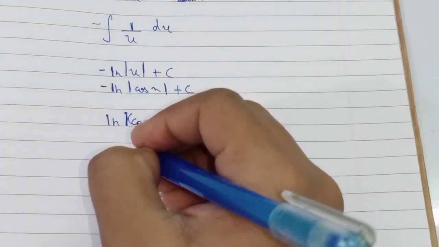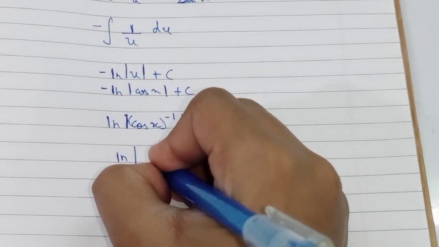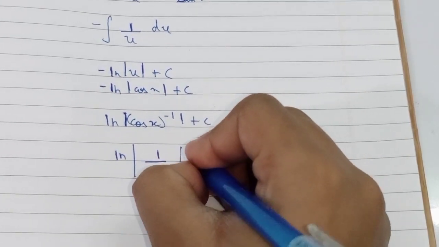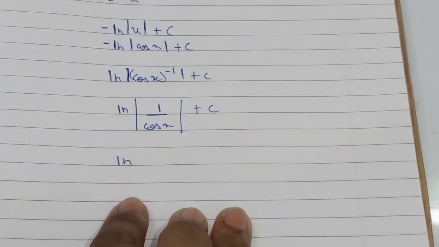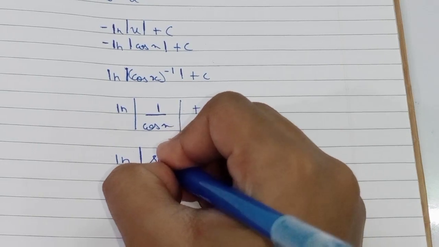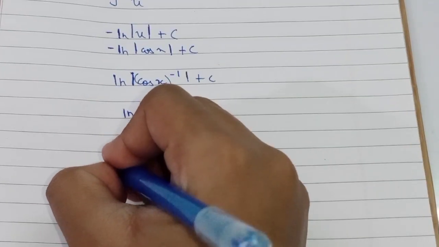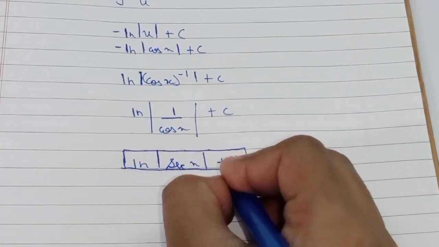So we'll get the natural log of the absolute value of 1 upon cosine x plus c. Natural log of 1 upon cosine x, that is secant x, plus c. And this is our final solution.